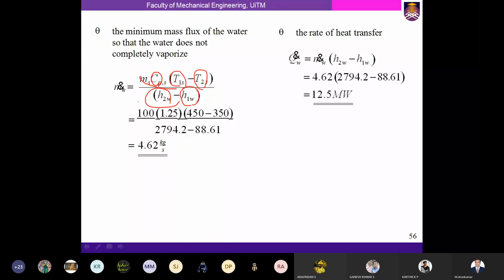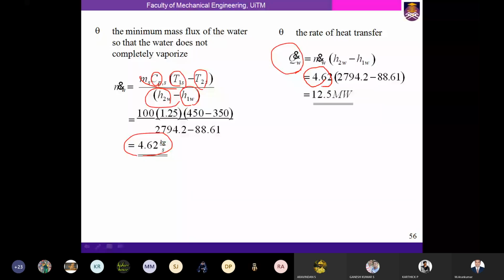Then we can get the mass flow rate of water, finally 4.62. Then we can have the heat transfer rate of W, which is equal to the mass flow rate of W times (h2 minus h1).